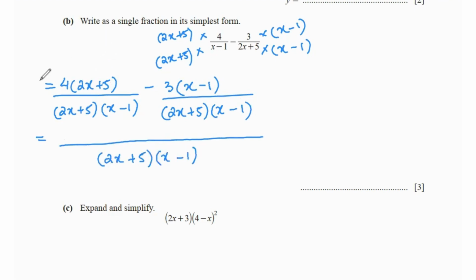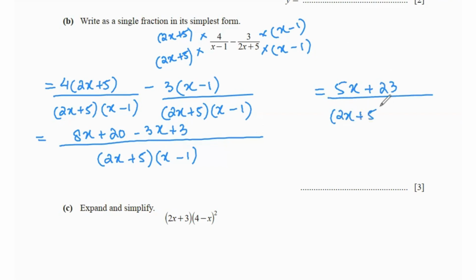So 4 times 2x plus 5 is 8x plus 20. And this would be negative 3x plus 3. So combine the like terms. So that's going to be 5x plus 23 over 2x plus 5 times x minus 1. And that is your answer.